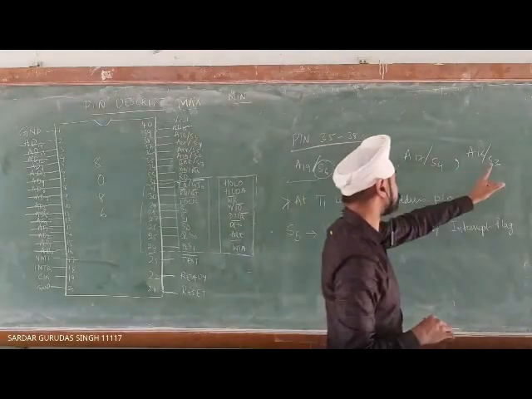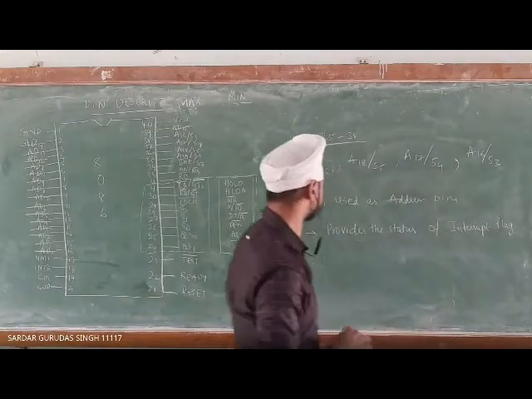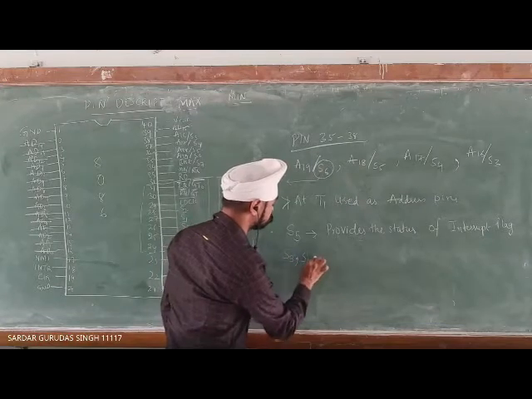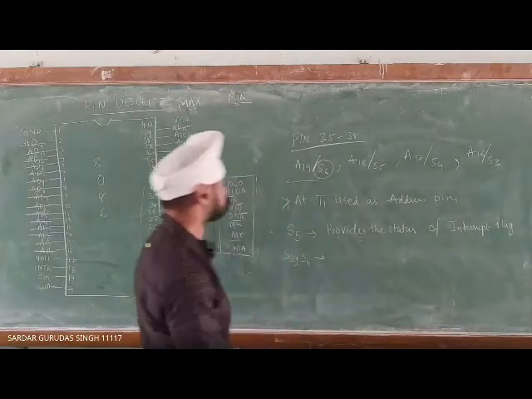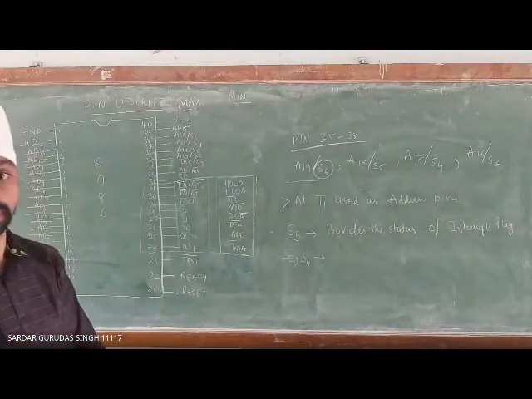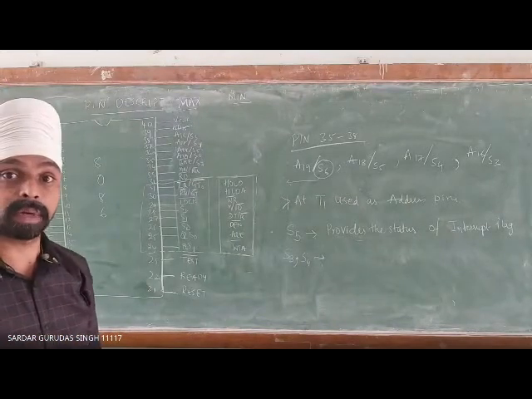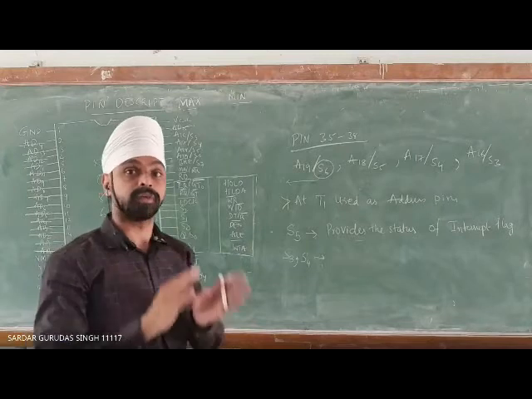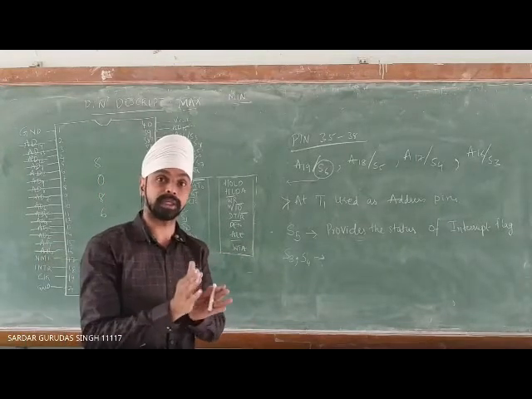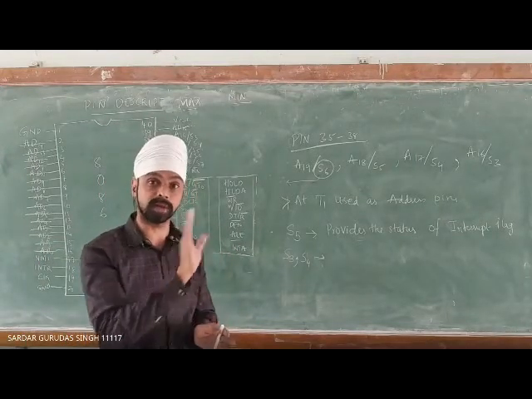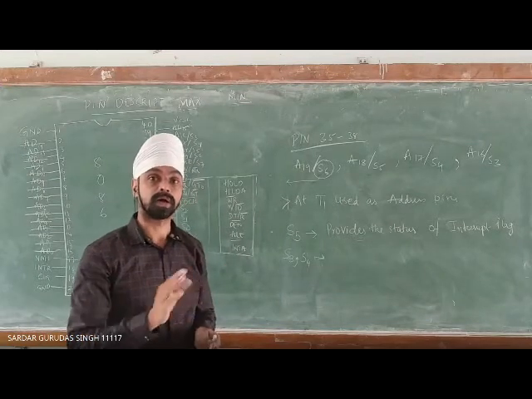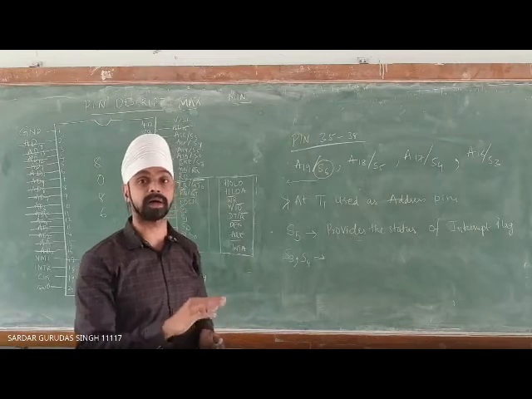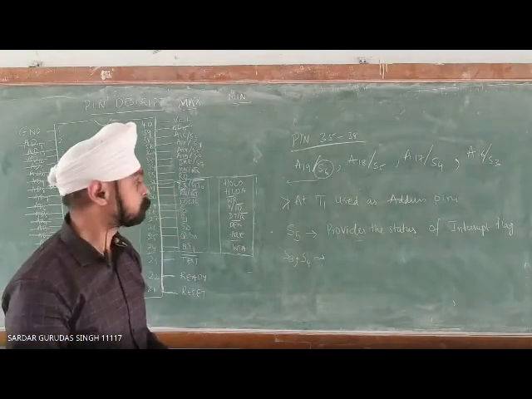Coming to the S3 and S4 pins, they will provide the status of the segment being used by the processor. In the sense, whether the processor is working on the code segment, data segment, extra segment, or stack segment.